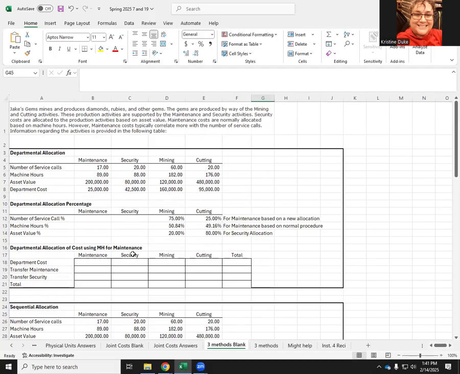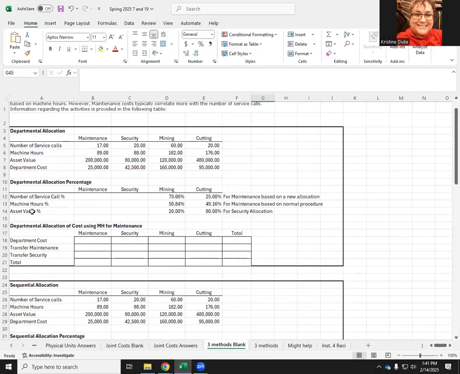Let's have some fun. And then we'll look at the answers. So in this situation, I am trying to identify one of these. I do the asset value, I do service calls and machine hours, but then when I get to reciprocal, I just ignore it at a certain point.